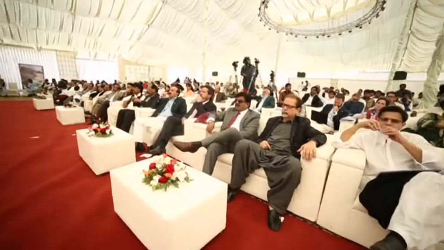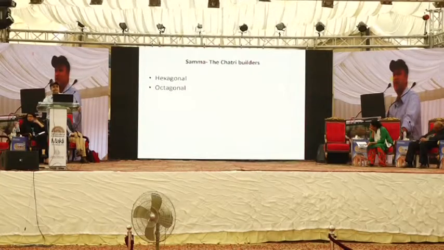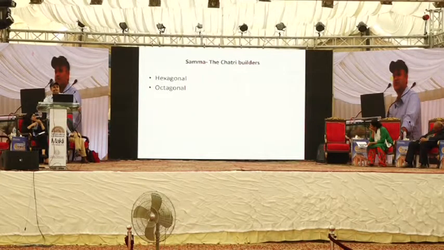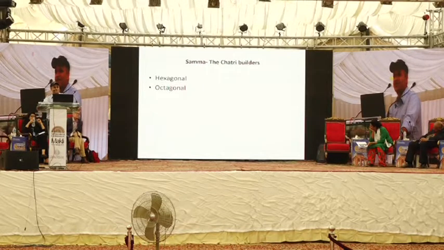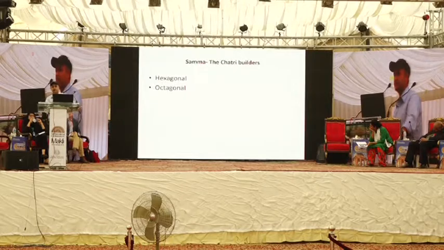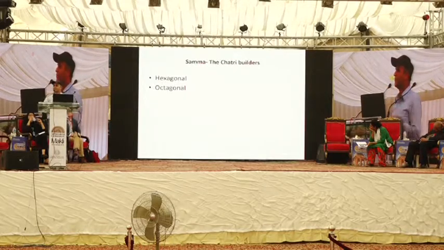So I believe the Samas are the chhatri builders. The origin in Sindh, in Tata, can be traced back to the Samas. The first chhatri that appeared at Makli was that of Jam Tamachi. There were two forms that these chhatris assumed.